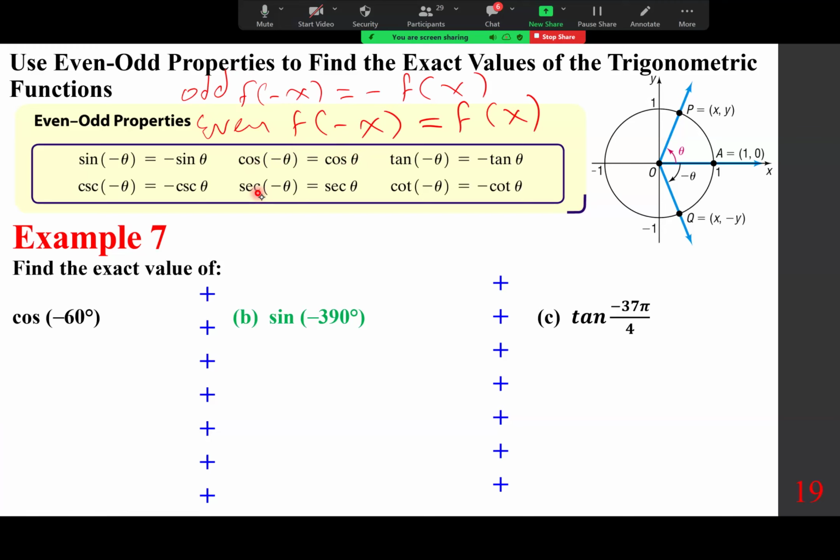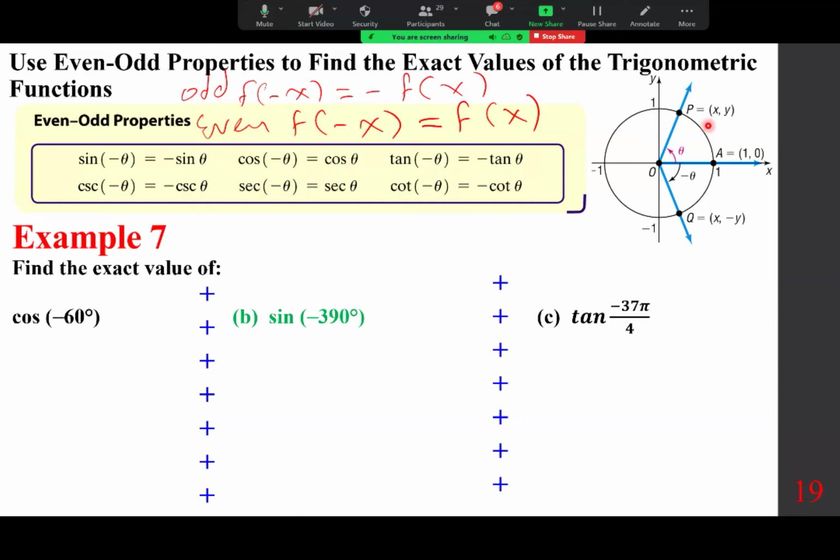Okay, so every trigonometric function is odd. So sine of minus theta is minus sine theta. Therefore, cosecant minus theta is minus cosecant theta. Tan of minus theta is minus tan theta. Cotangent minus theta is minus cotangent theta. You take the negative outside the argument. But for cosine, cosine of negative and positive is the same, so is the secant. And here's the reason.